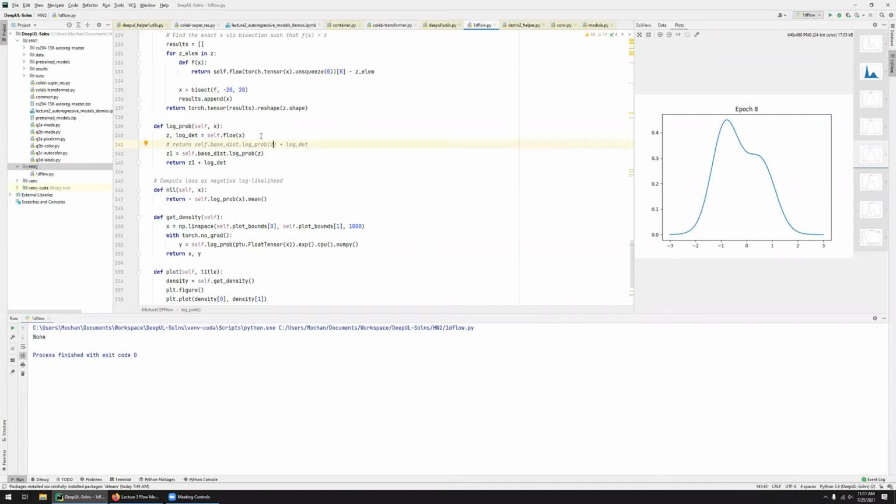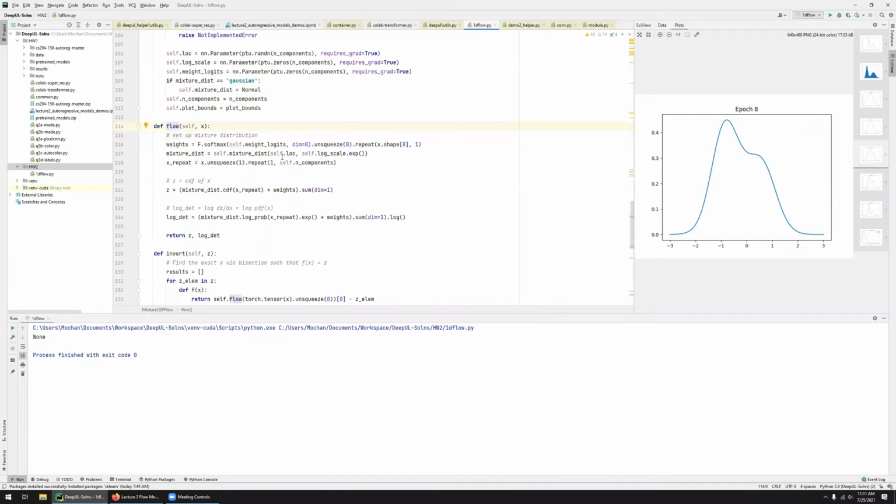So here's the confusion. Let's look at flow then. Here's X, and all they're doing is repeating the X for the different Gaussians. This is a mixture of Gaussians, right?